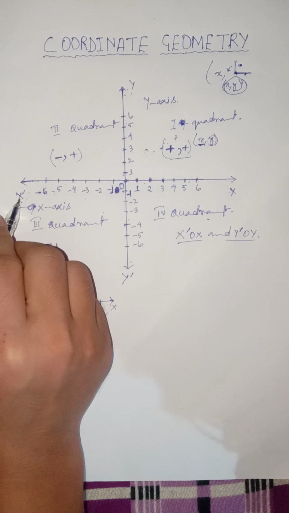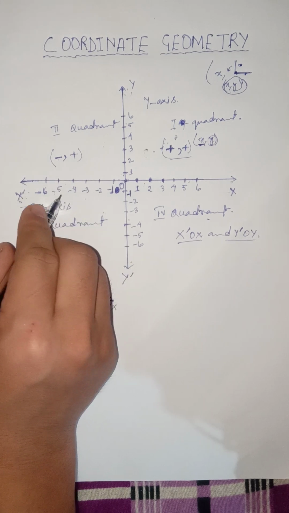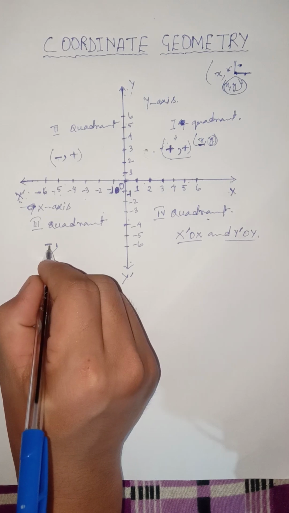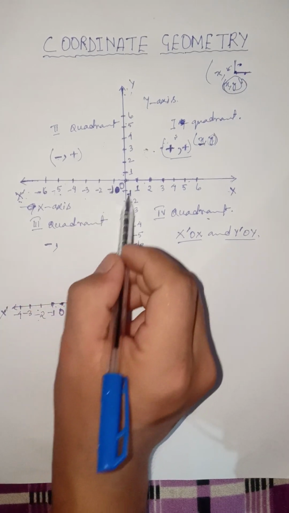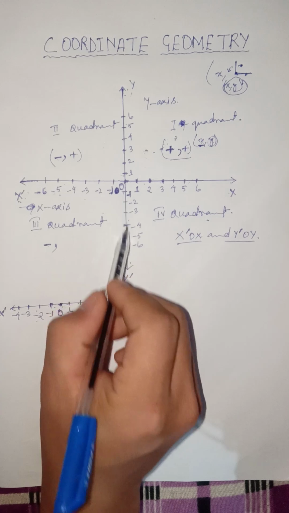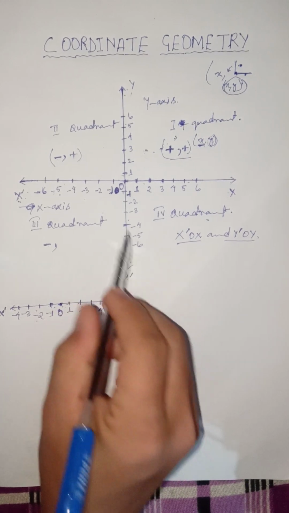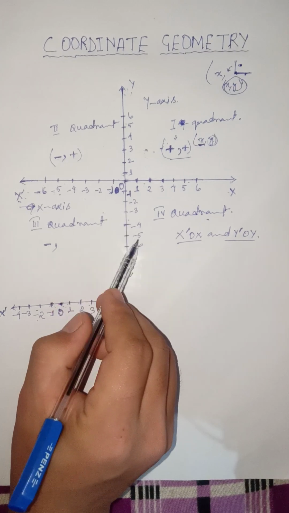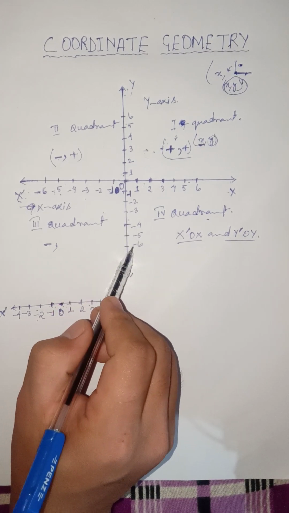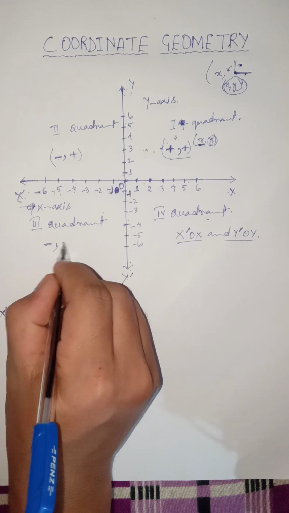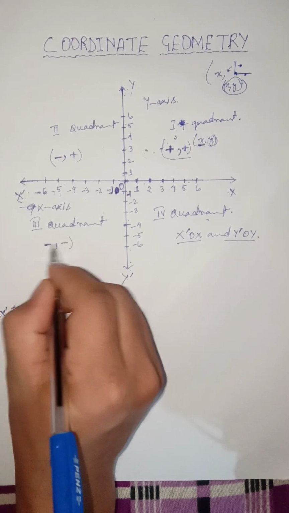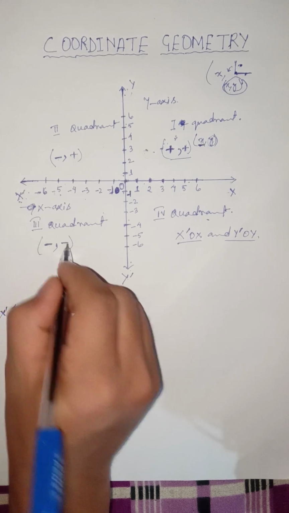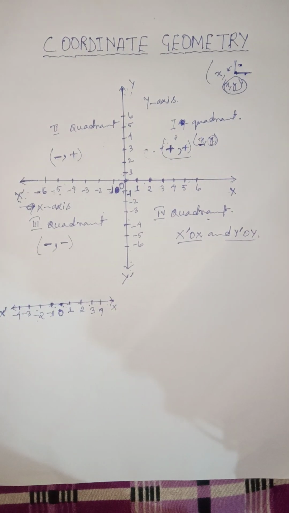Easily we can understand that whatever values x takes in these directions will fall in the negative direction. And we have y. All the y values here belong to the negative direction, right? Because of that, x should be negative as well as y should be negative. Clear?